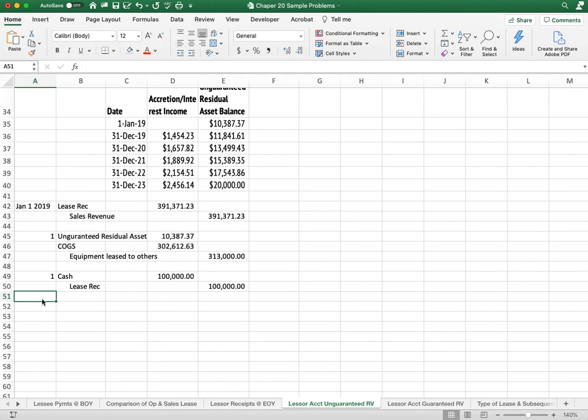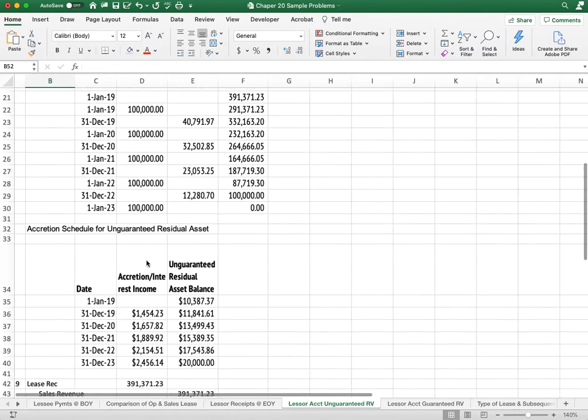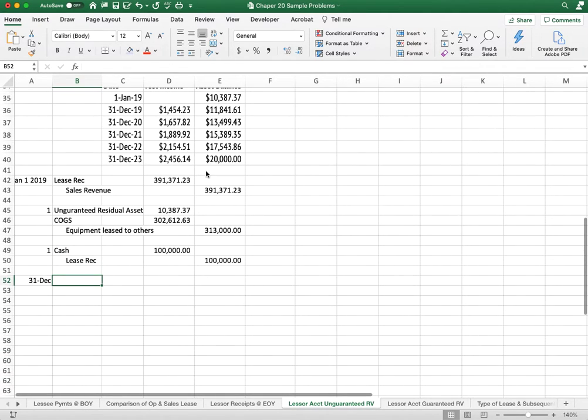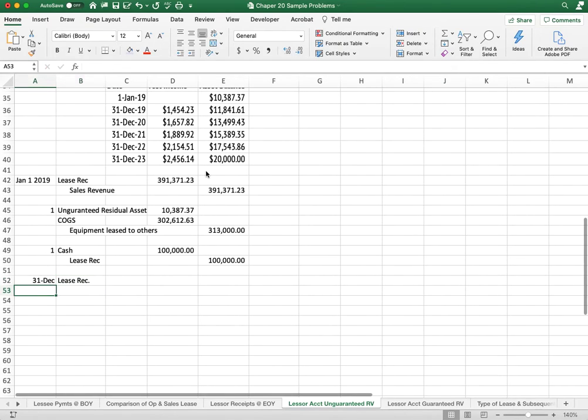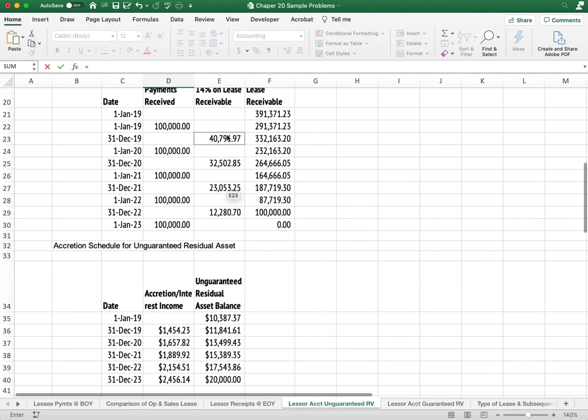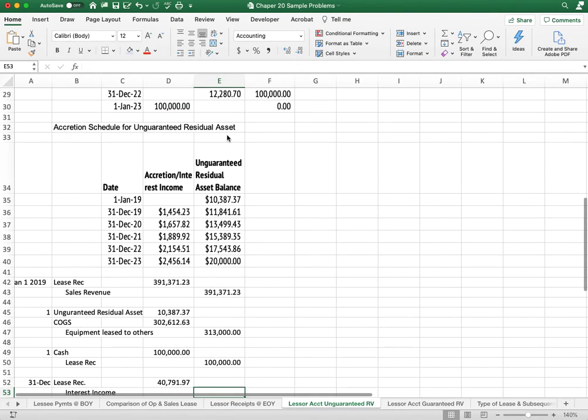All right, so then in 2019, on December 31st, we're going to account for the interest that we've earned, this $40,791, and so we'll have lease receivable and interest income. We'll just cell reference that 40,791.